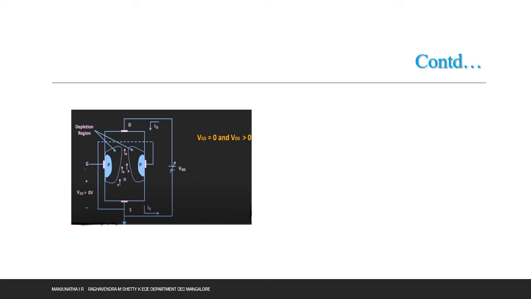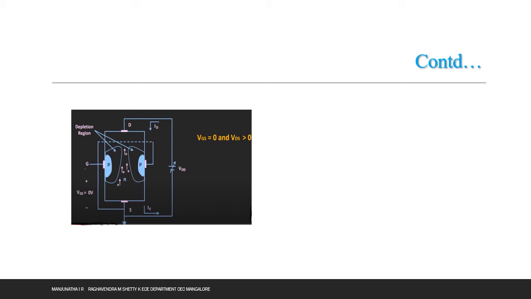VDD is a variable voltage source, so we can vary the voltage from 0 to any positive value, or from any positive voltage to 0. So let's assume that we are given some positive voltage from VDD between the drain and source, that is VDS.